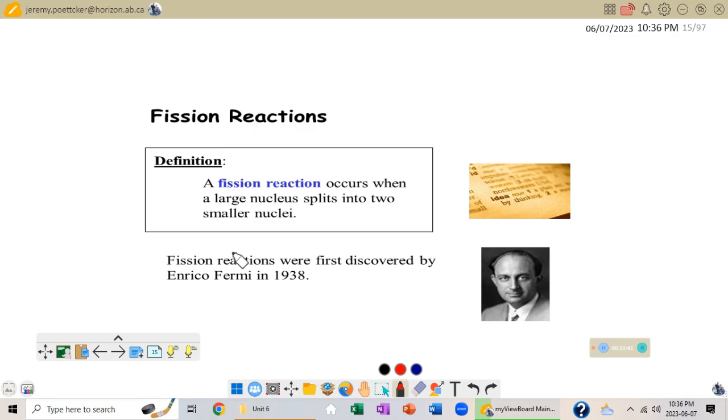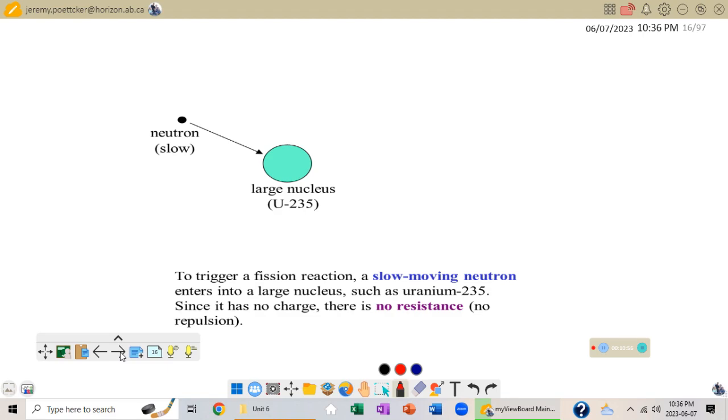Anyways, Enrico Fermi in 1938 discovered the first fission reaction, which is when a large nucleus splits into two smaller nuclei. Normally, to trigger a fission reaction, a slow-moving neutron enters into a large nucleus, such as uranium-235, which, if you think about it, initially is going to then make uranium-236.